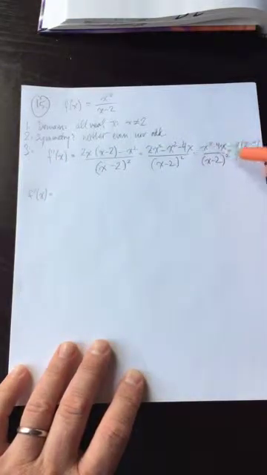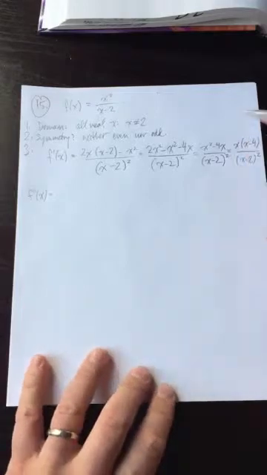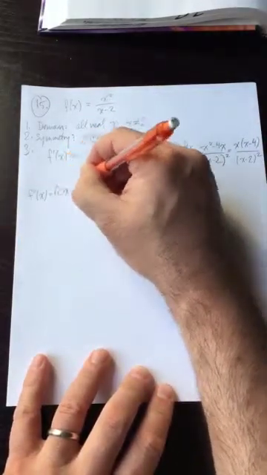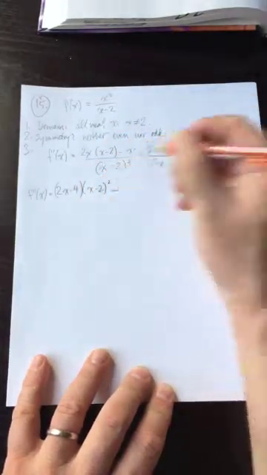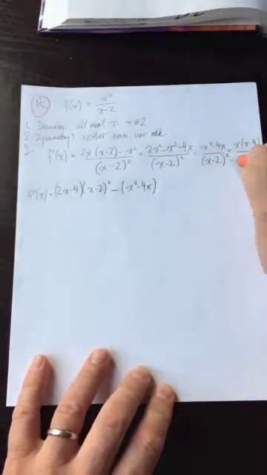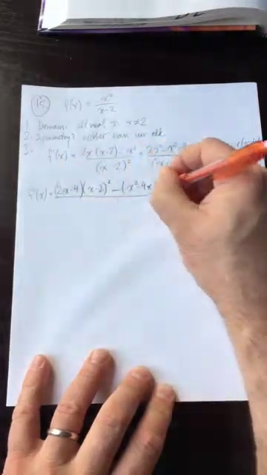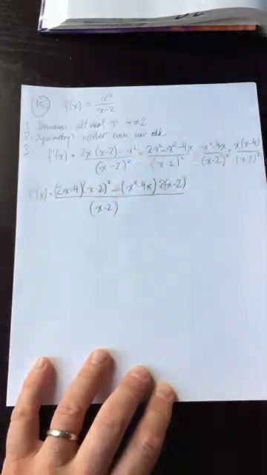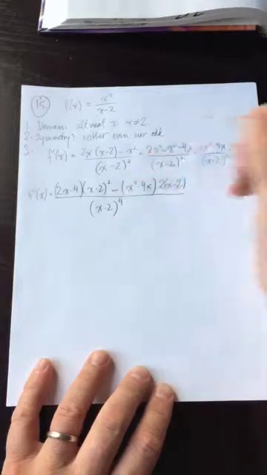So I'm going to start with this first derivative here, and I have derivative of the top, 2x minus 4, times the bottom, minus the top, times derivative of the bottom, and all of that over the bottom squared. So that's x minus 2 quantity squared, squared again.